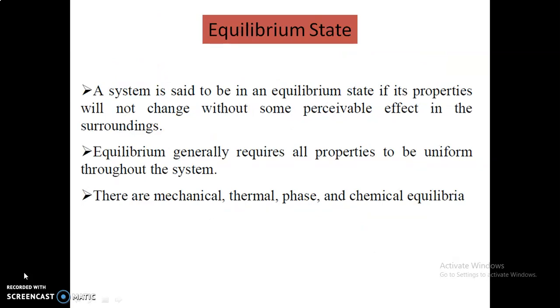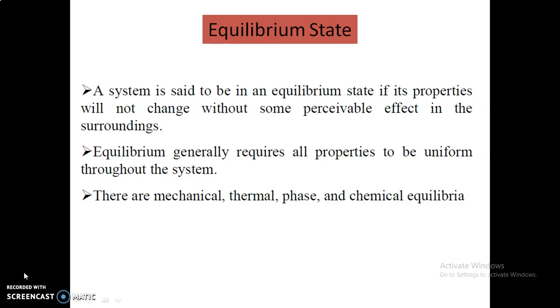Now, the equilibrium state. In thermodynamics, the word equilibrium comes up every time. So what do we mean by equilibrium? There is no change in the system whenever there is a change outside the system, in the surroundings.